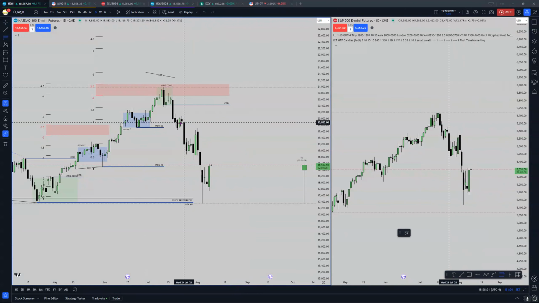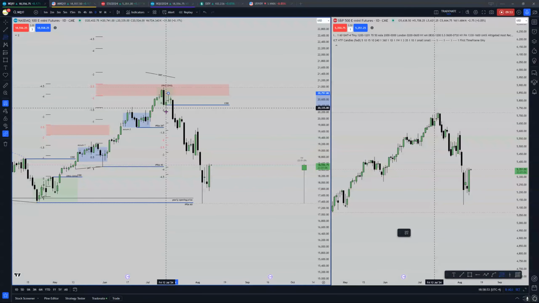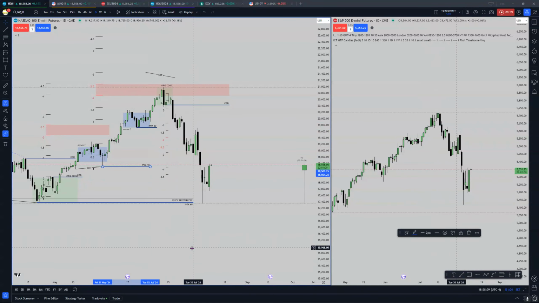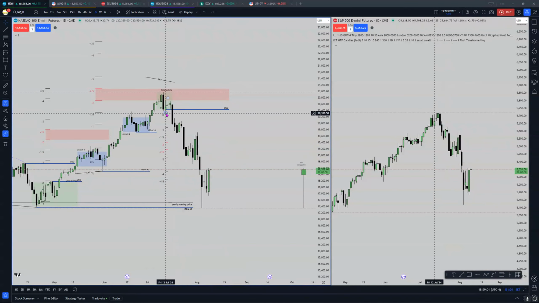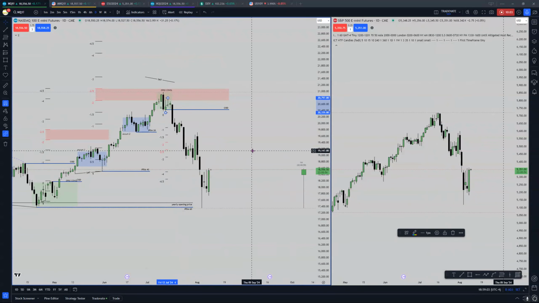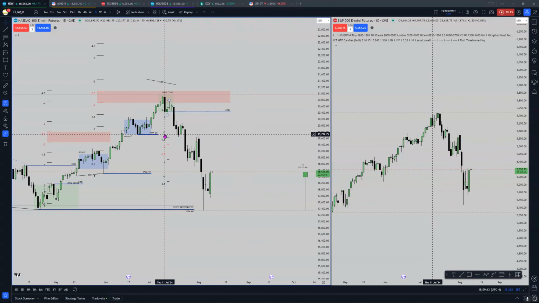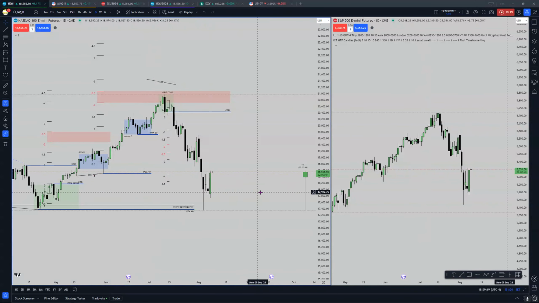And if you draw our manipulation leg right here, let me move these real quick. So this manipulation leg, our last manipulation leg before we changed the state of delivery, our negative 1.5 lines up with our IPTA 20, and our negative 4 lines up with our IPTA 40.